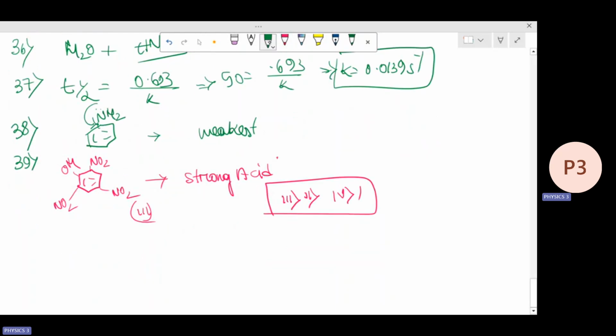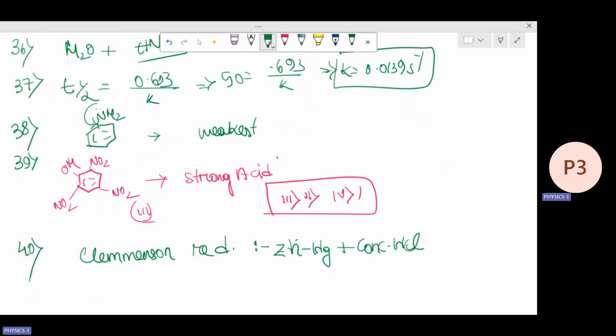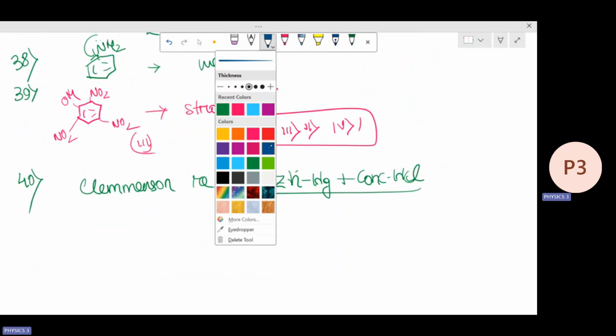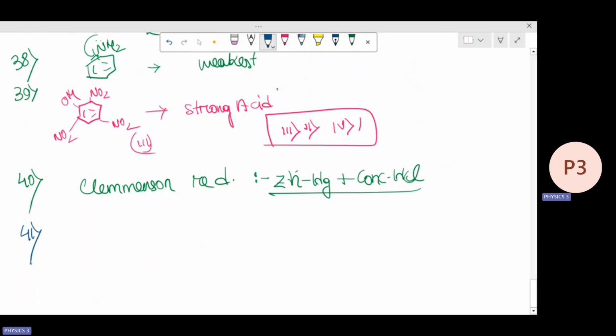Next, question number 40. They are telling us about Clemmensen reduction. What is Clemmensen reduction? It is nothing but zinc amalgam, Zn-Hg, plus concentrated HCl. Zn-Hg plus concentrated HCl gives the Clemmensen reduction. Next, question number 41 is asking about H2SO4 and HNO3.